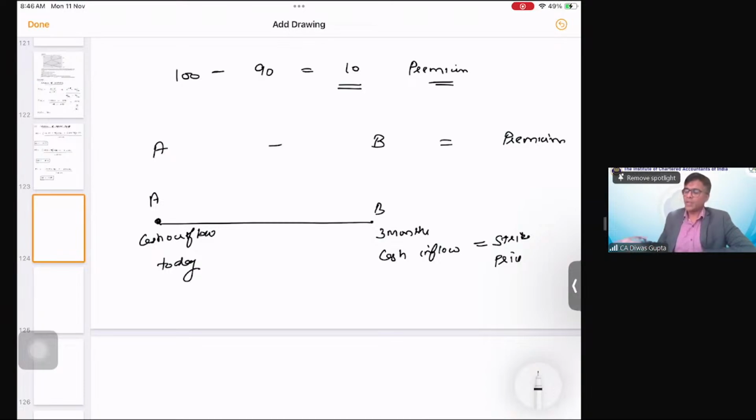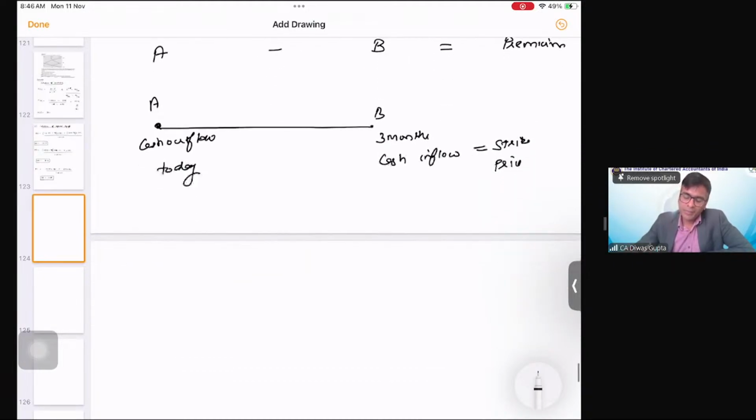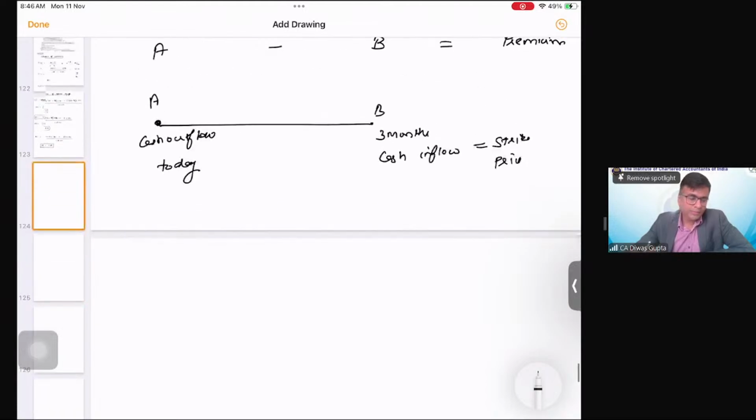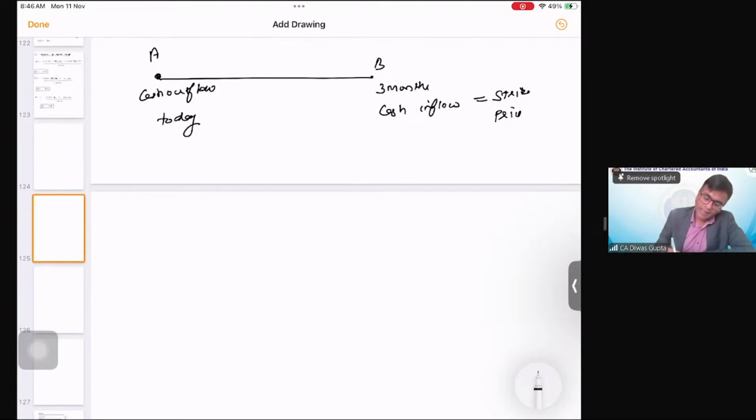Correct? This is how it will happen. So principally, do you all agree that A minus B is equal to the premium? Now let's correct this formula. How will we correct this formula? Present value, very good. So A is today's value and B is the value after 3 months. We will just take B to the present value first.